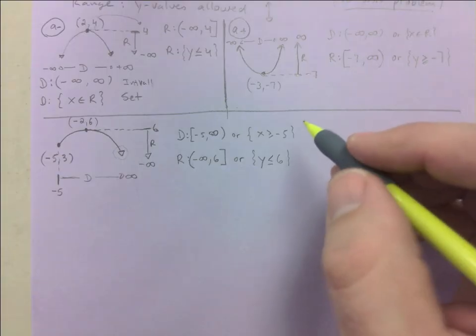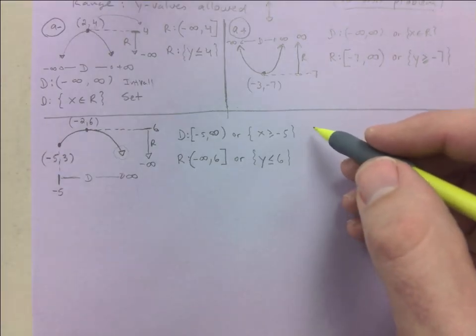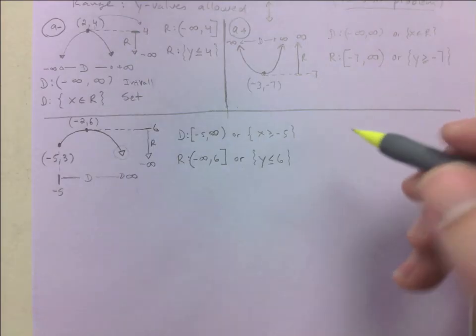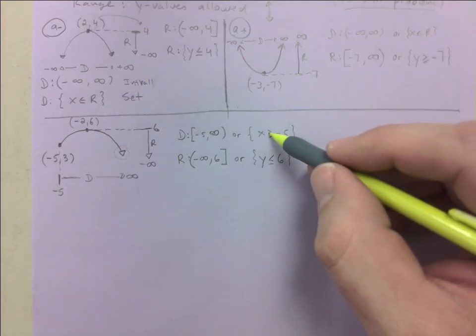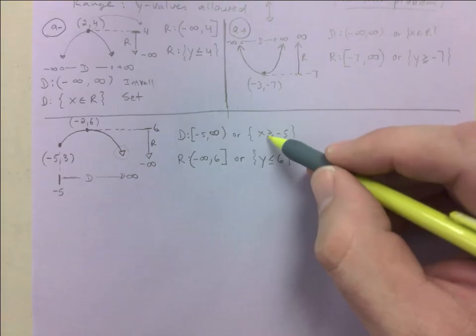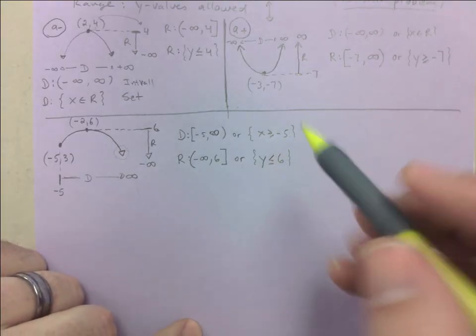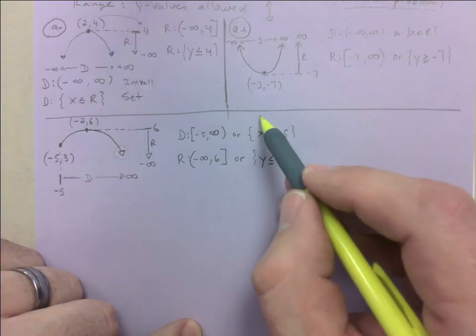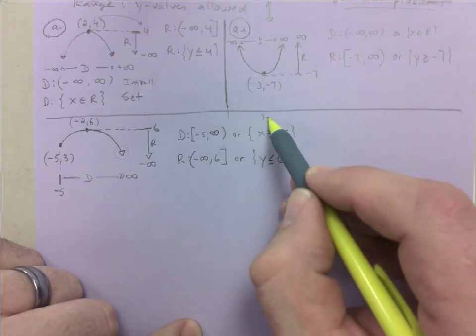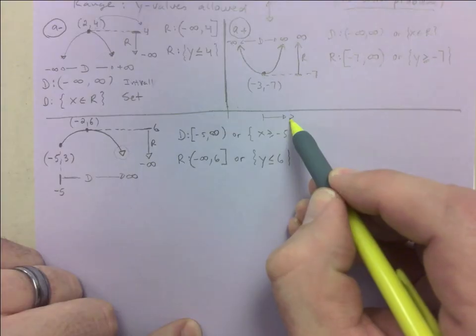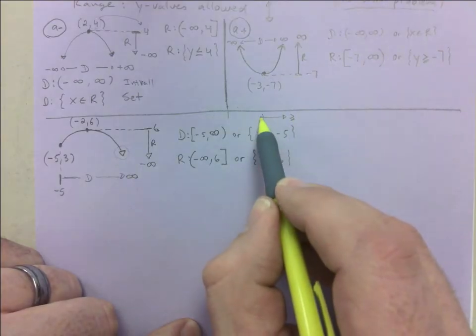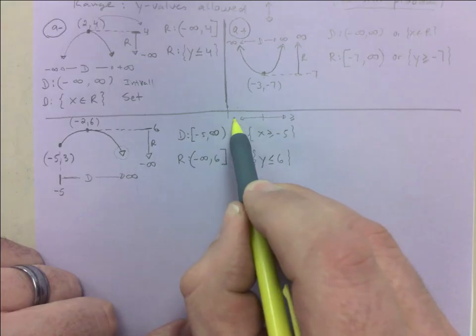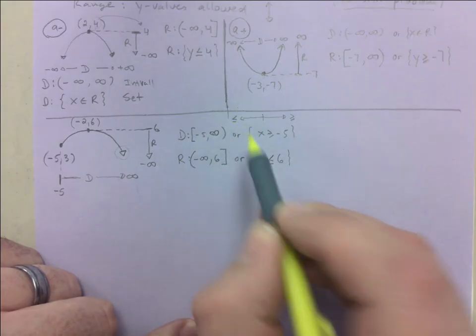Maybe I'll tell you, I'm thinking of ways to help you out with domain and range, guys. I will say this. How do you know is it greater than or less than? I would say anything to the right is greater than or equal to. Anything to the left is going to be less than or equal to.